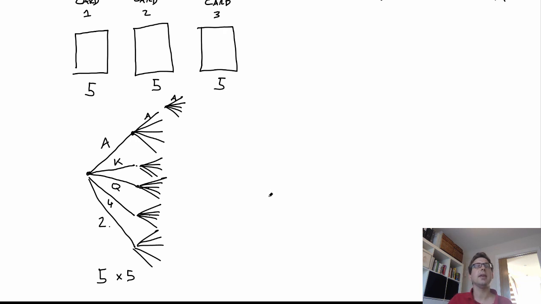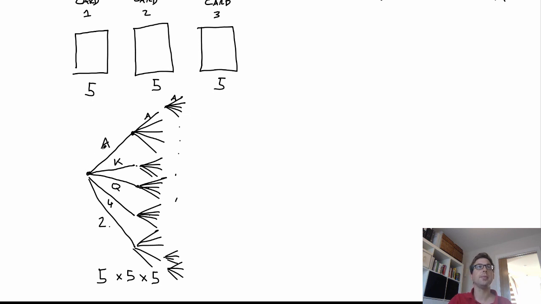If I drew out this tree, I would end up with 5 times 5 times 5 different ways to go from time 0 to time 1, 2, 3, when the dealer's dealt the third card.